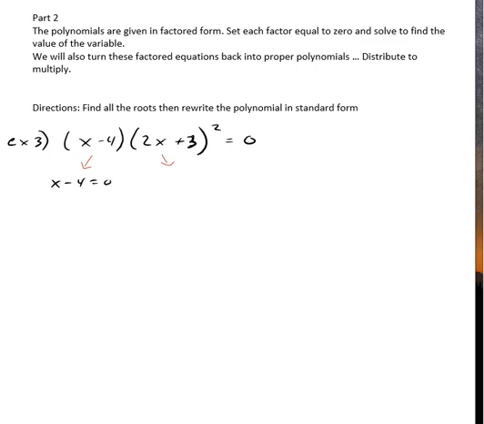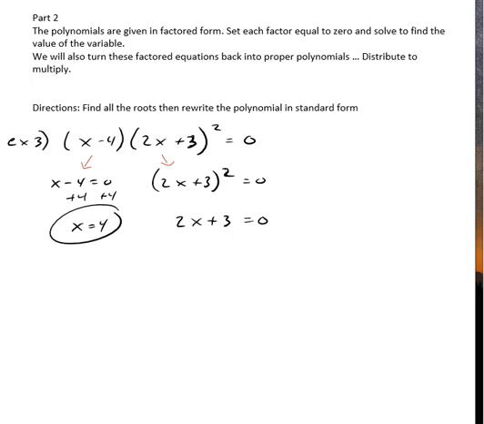x minus 4 equals 0, and 2x plus 3 squared equals 0. On the left side, if we add 4, x equals 4. On the right side, notice that it's 2x plus 3 squared equals 0. That means we just have 2 of them. So technically, we only need to solve 1. The reason is, if we wrote 2x plus 3 equals 0 twice, we would get the same answer both times.